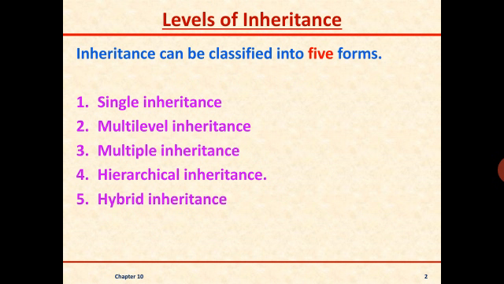The classification of inheritance we call levels of inheritance. First one is single level inheritance, next multi-level inheritance, third is multiple inheritance, fourth is hierarchical inheritance, fifth is hybrid inheritance. Now let us understand each one of them with the help of examples.